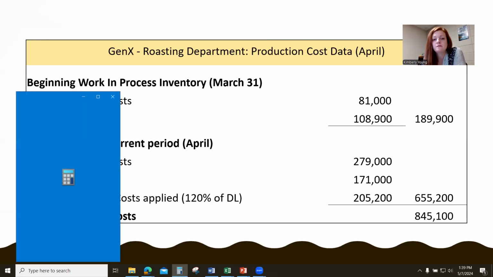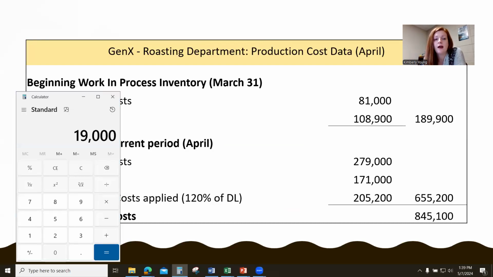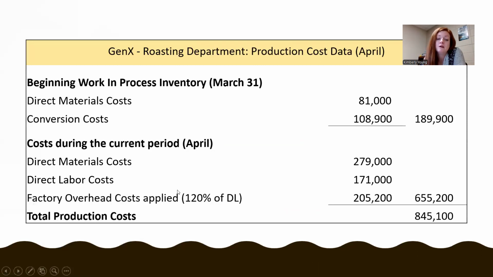Now that's making me want to calculate. We've got almost 190,000 divided by 30,000 units. That's $6.30 per unit that we already have in there at this point. Then during April, we add another 279,000 in direct materials cost.